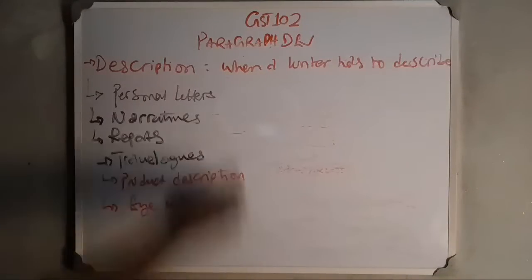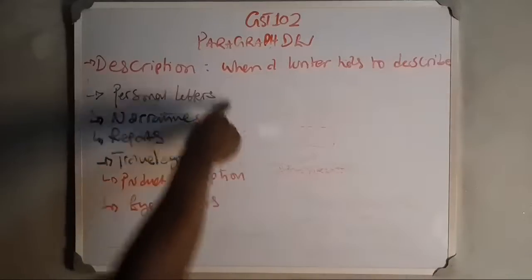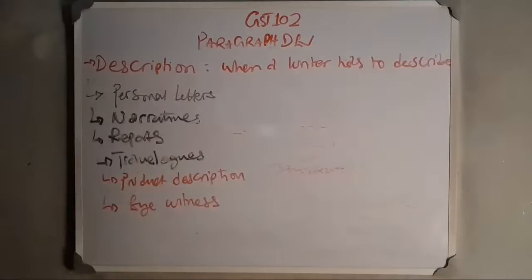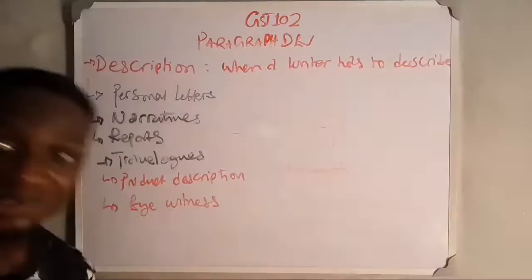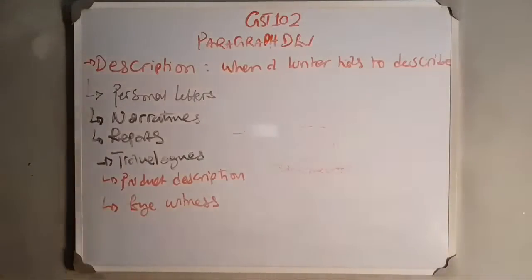Now look at all these. Personal letter, you give detailed explanation about yourself, all right? And your description could be about a person, a place, an object, or an event.